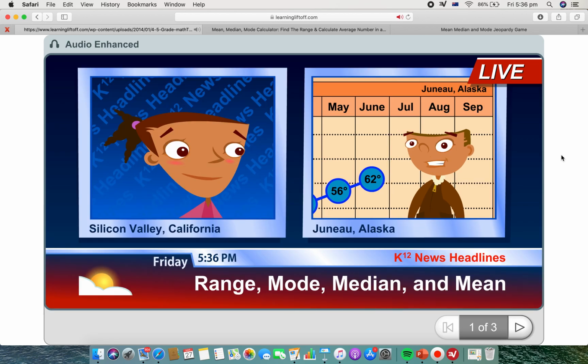Well, we can find out things like the range of temperatures and the temperature that occurs most often, which we call the mode. We can also find out the median temperature that occurs in the middle of the data set, as well as the mean or average temperature. Excellent! Let's find each type of information. News broadcasts are coming up for the range, mode, median, and mean. On the next screen, all you need to do is click each broadcast. You can click each broadcast more than once if you would like to watch the program again.